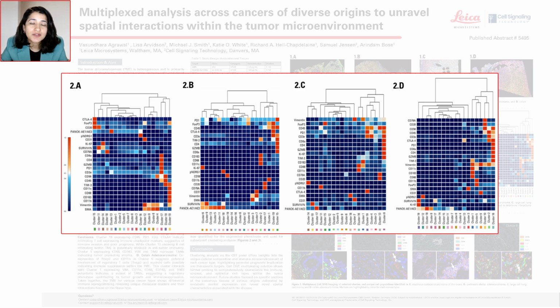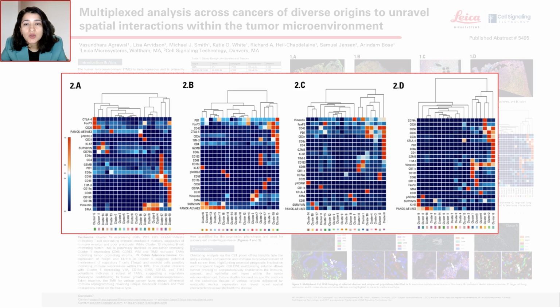For example, cluster 10 in pancreatic ductal adenocarcinoma is indicative of regulatory T cells and also co-expresses immune checkpoint molecules. Cluster 19 in large cell lung carcinoma expressing CD45, PD1, CD3, CTLA4 indicates T cells expressing immune checkpoint markers, again suggestive of immune evasion.